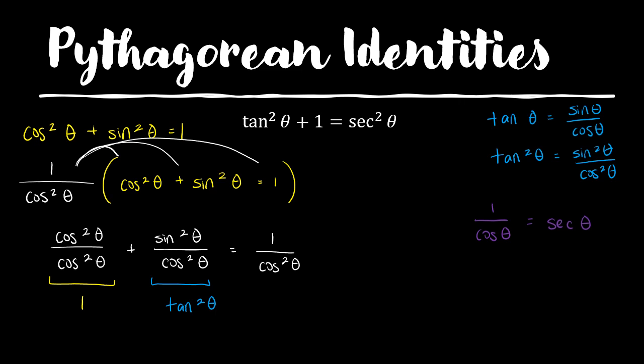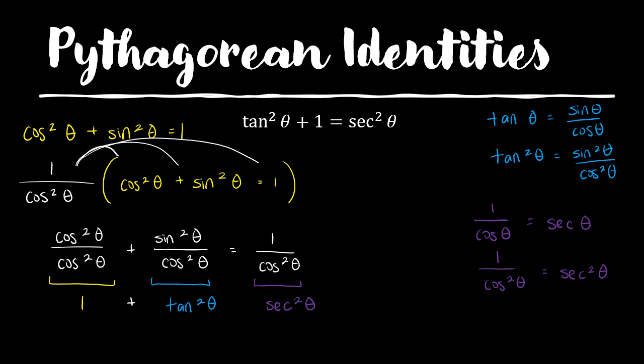It's not saying squared, but we can square this though and say, okay, 1 over cosine squared is actually equal to secant squared. So that's what we'll do. We'll take this 1 over cosine squared and say, oh, that's actually secant squared.